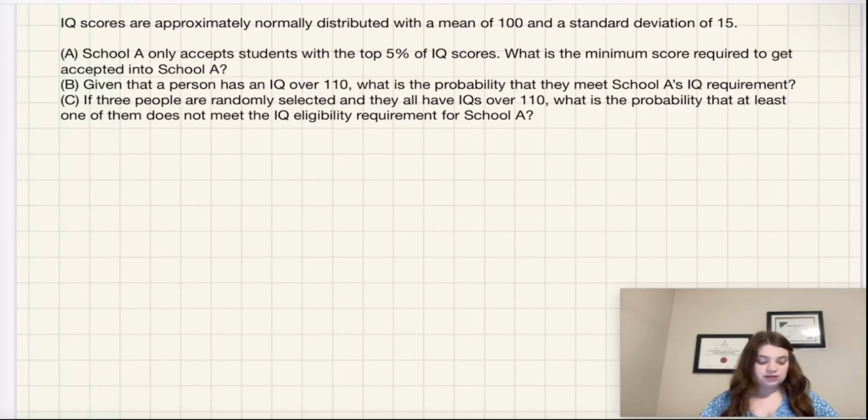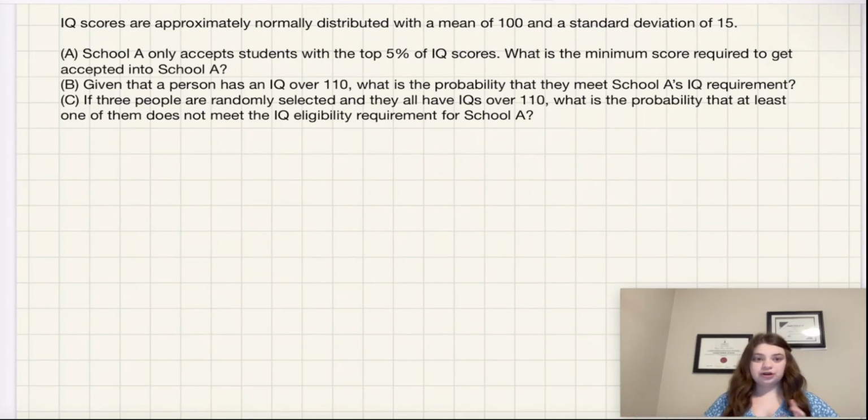Okay, so for this one, we need students in the 95th percentile, right? This school only accepts students that have the top 5% of all the IQ scores. And so the probability needs to be limited to the top 5%.